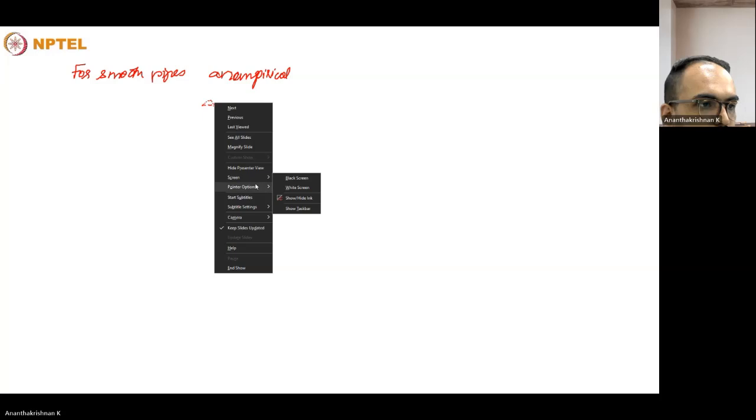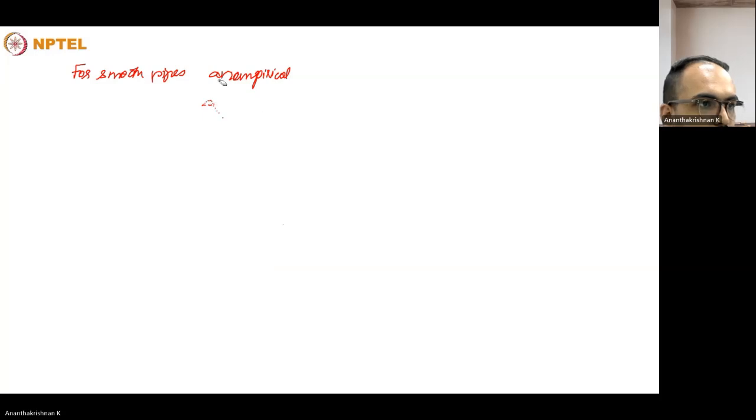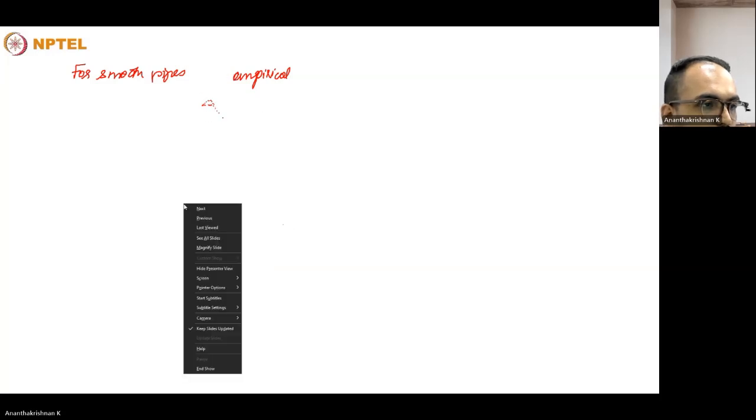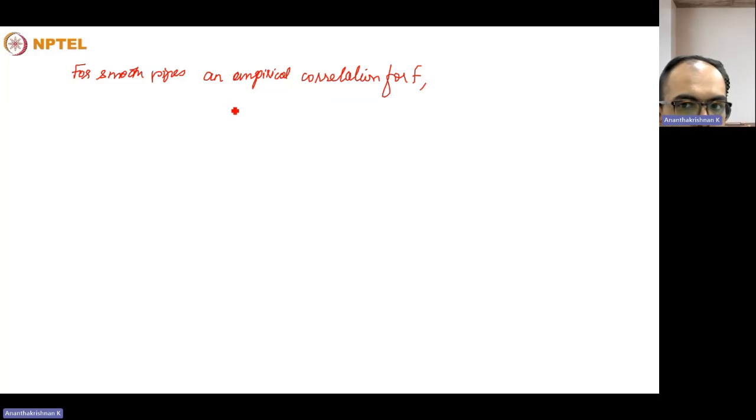For smooth pipes, we can directly plug in the equation, an empirical correlation for friction factor in the case of turbulent flow.